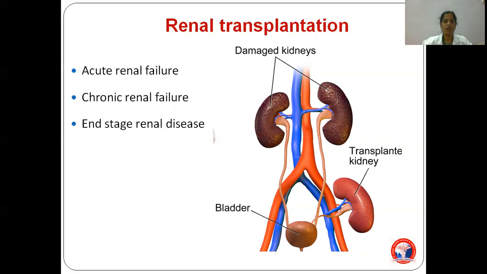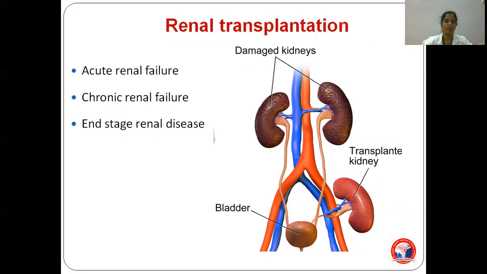If it crosses all those stages, it will count as end stage renal disease. In this condition, the kidney won't work properly and dialysis also is not very effective, so what we'll do is transplant the kidney. That is named renal transplantation.